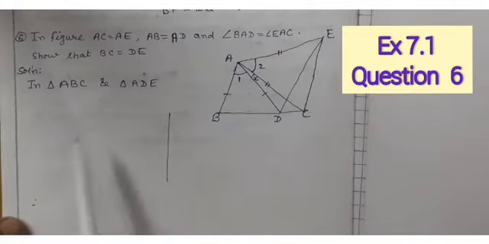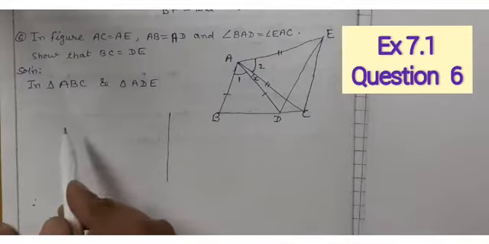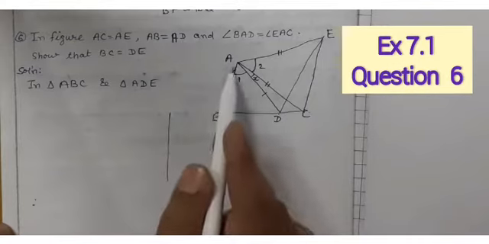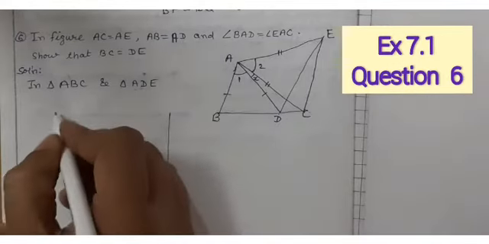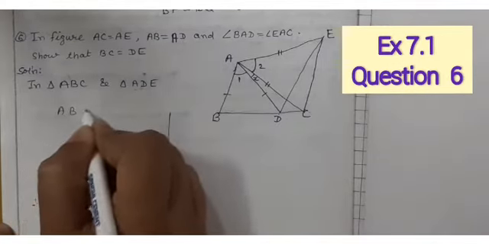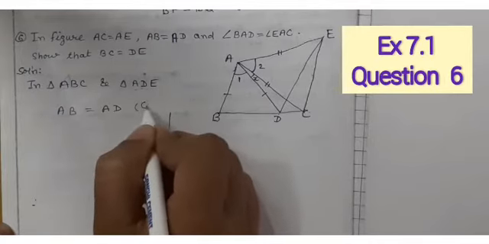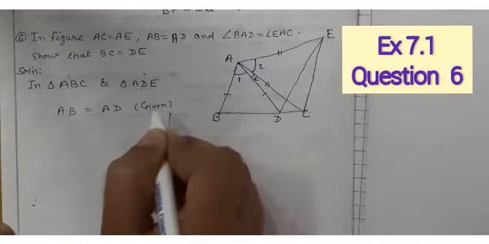First thing you have to see which two sides are equal. AB and AD both are equal here. So I am writing AB equal to AD, and this is given to you in the question.